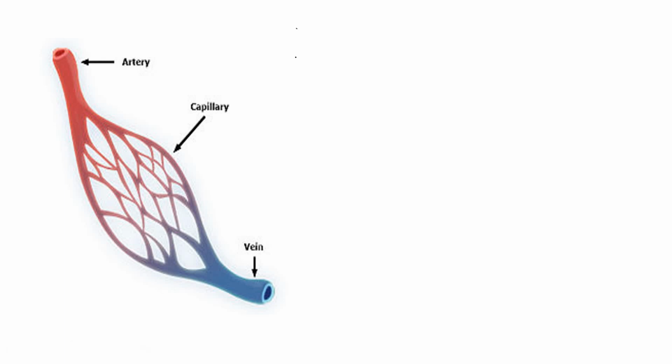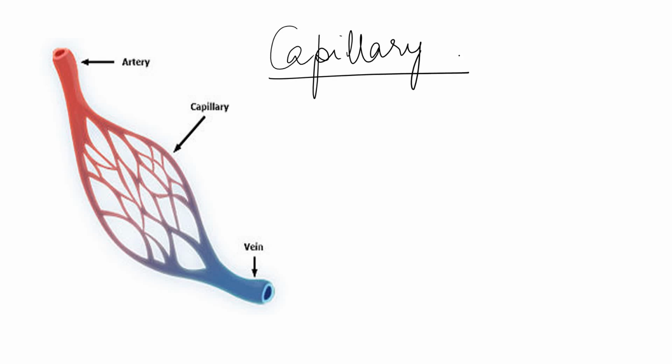Now next we come to capillaries. What are capillaries? Capillaries are basically networks. You see, all these things are networks. They are there to transport nutrients and other substances to every cell and carry back the waste products and other substances. So these are not specifically about blood but about other nutrients, wastes and substances apart from blood.